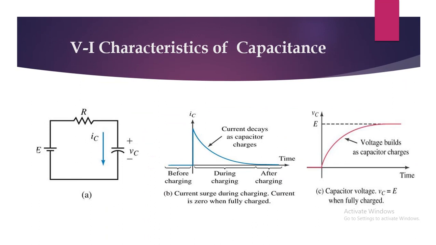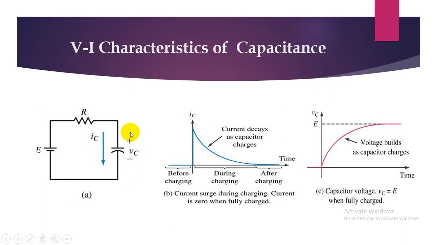We can write it from Ohm's law. When you write like that, I is equal to C dV by dt. What does this mean? The current is entering into the capacitance, but it doesn't allow the voltage to build up across it suddenly. You can see this in the diagram.